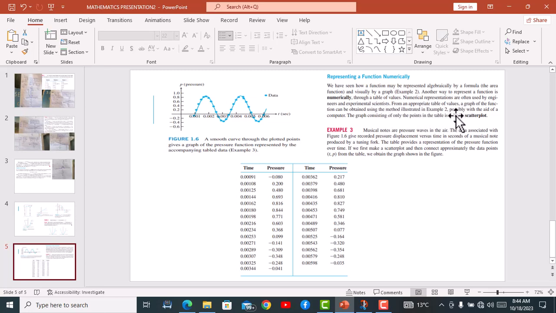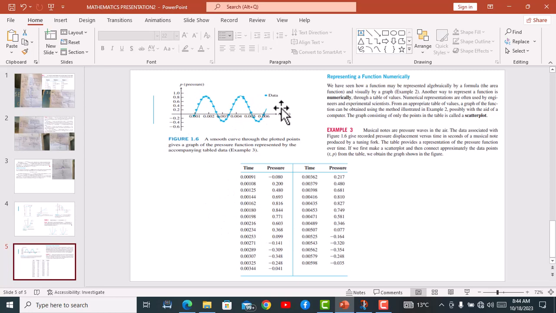That is true, possibly with the aid of a computer. We have computer calculators that we use every time in order to get this representation of a graph having the numerical values. The graph consists of only the points in the table, called a scatter plot.